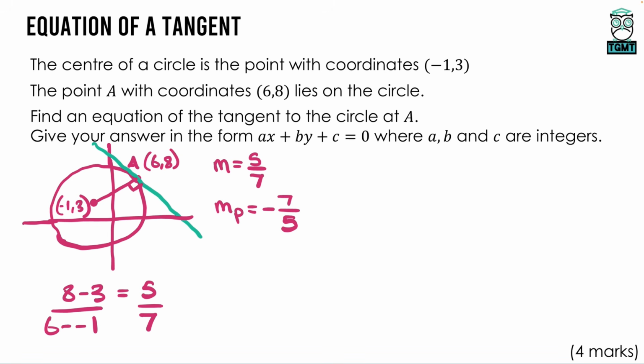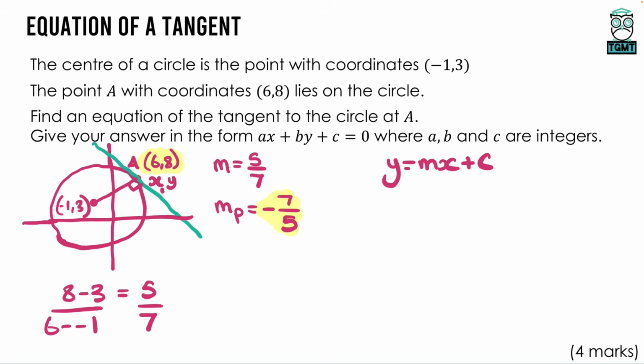All I have to do now is put all of these pieces into y equals mx plus c, the equation of a line. So I have my gradient, -7 over 5, and I have the coordinate that the line passes through, which is an x and a y value, and I just want to put that into y equals mx plus c.